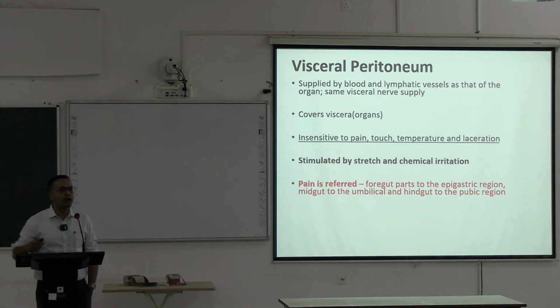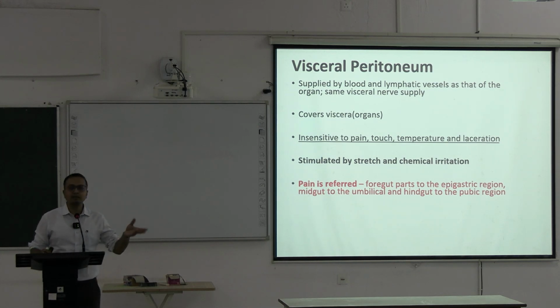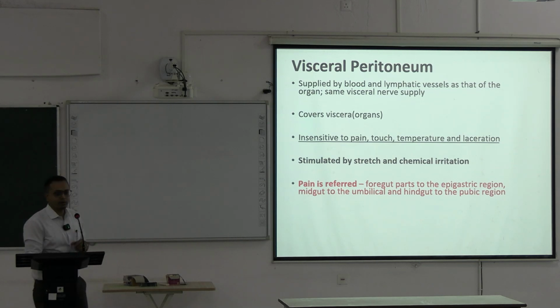For example, in appendicitis, the pain typically starts around the umbilical region, which is on the midgut, at the beginning of the cecum region. That pain sensation starting at the umbilical region later localizes to the right iliac fossa. That might give some clue, but again you cannot take chances with abdomen problems.